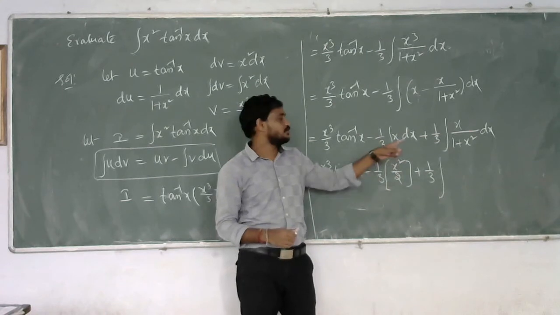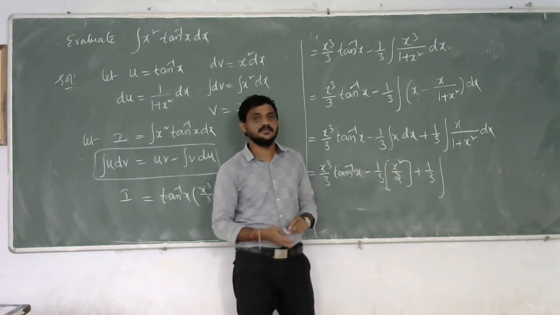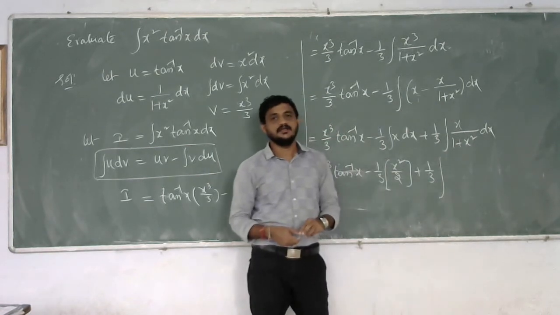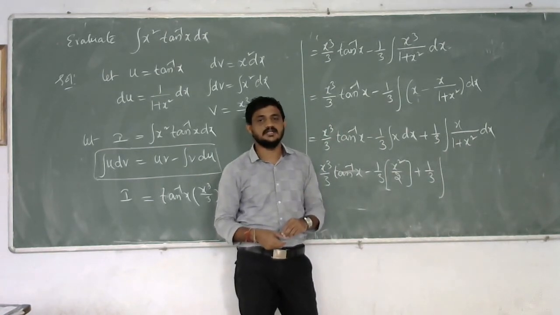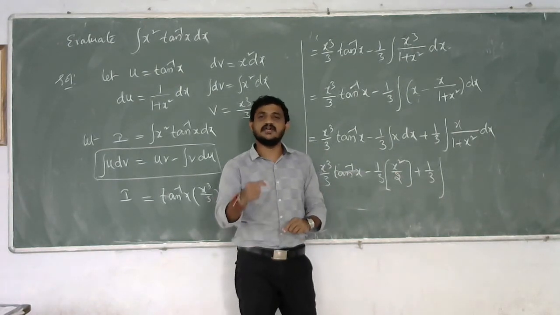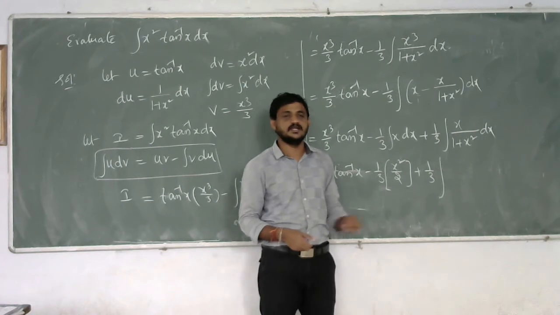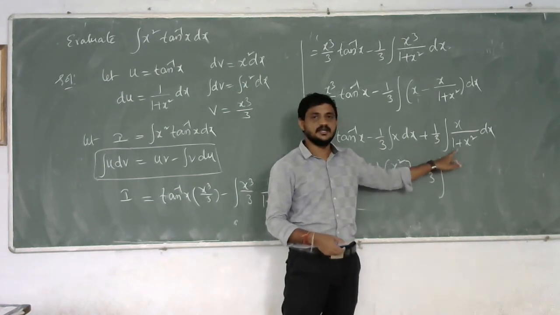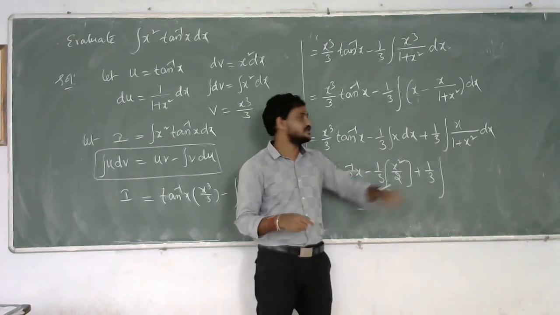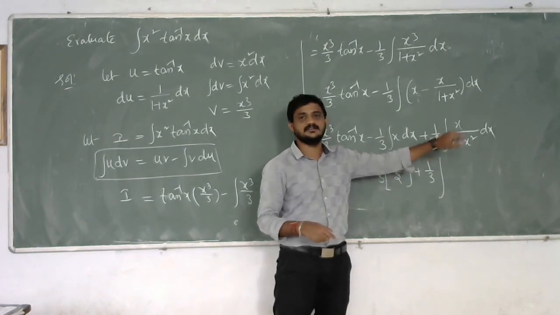If you observe the numerator and denominator, let us consider the denominator value as f of x. That is f of x equal to 1 plus x square. Then what will be f dash of x? Differentiation of 1 plus x square. Differentiation of 1 is 0. Differentiation of x square is 2x. That means here in the numerator we have x into dx.